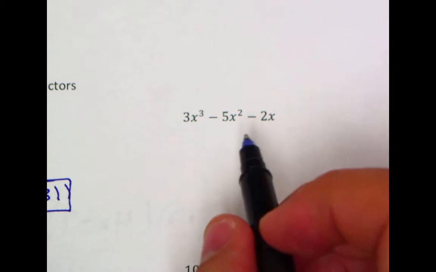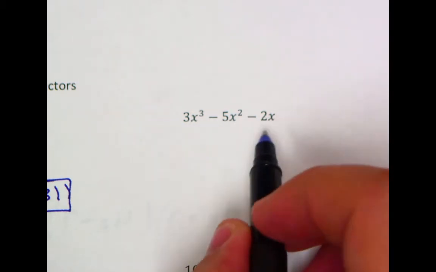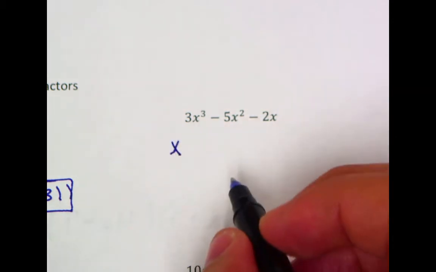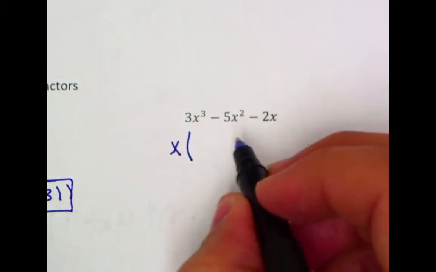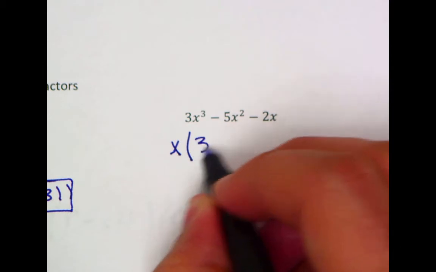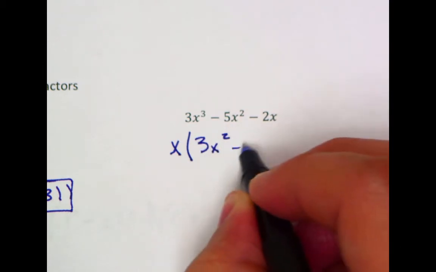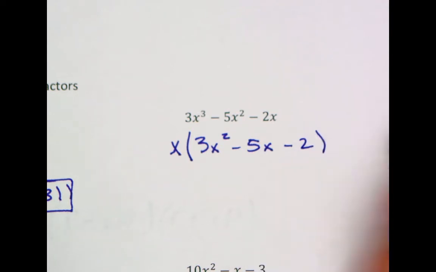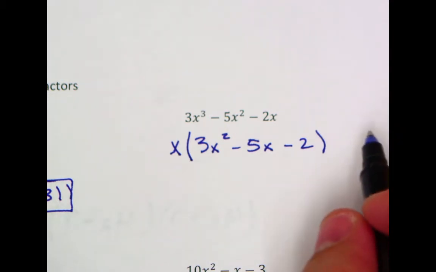So it might be beneficial to factor an x out of all of these. Essentially, you take an x away from each term, making that now x squared, and negative 5x, and then minus 2. Now it's a quadratic, and now I can factor using the traditional ways that I did in the previous problem.